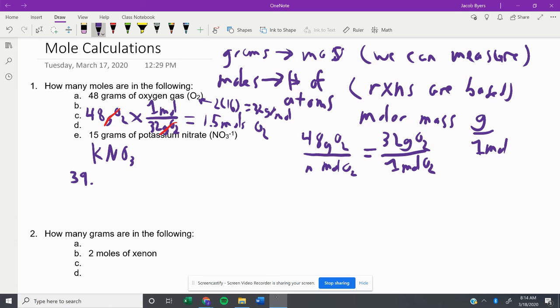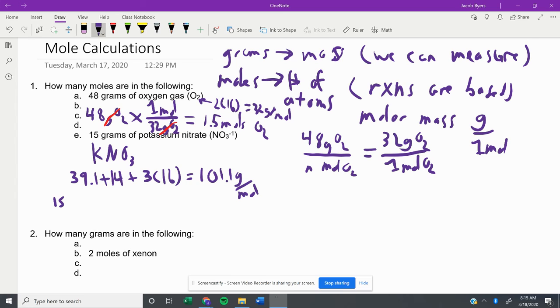So potassium is 39.1, nitrogen is 14, and because we've got this 3 on oxygen, that means there are 3 oxygen atoms there, and each one has a mass of 16. So our molar mass of potassium nitrate is going to be 101.1 grams per mole. From there, we just do the same thing as last time, and we're going to take what we're given.